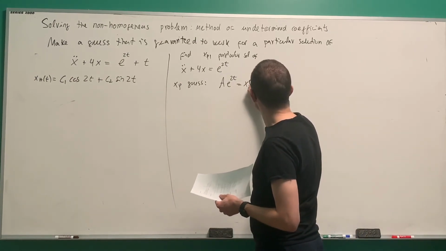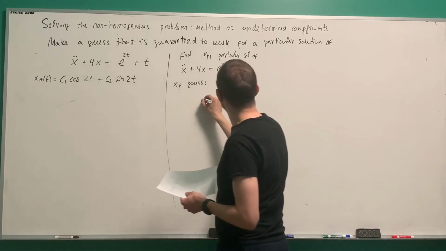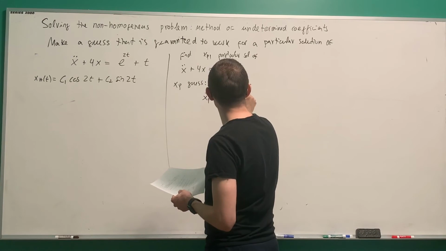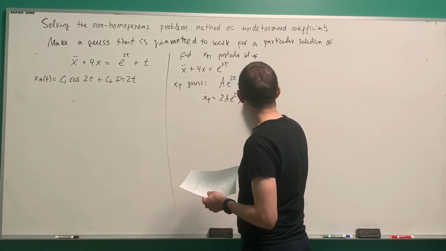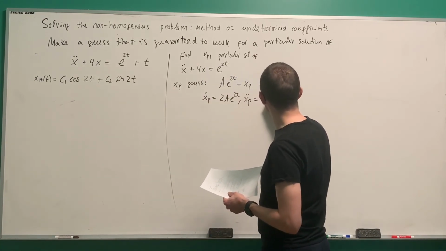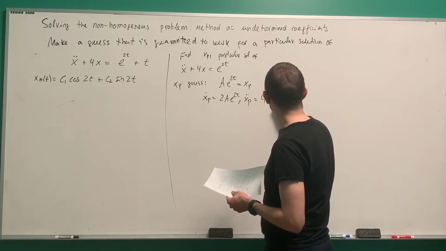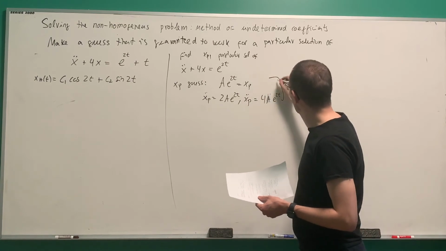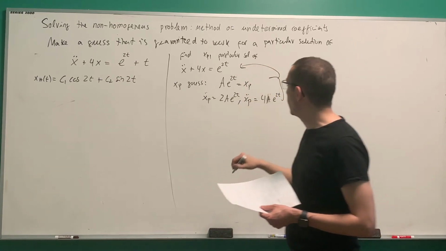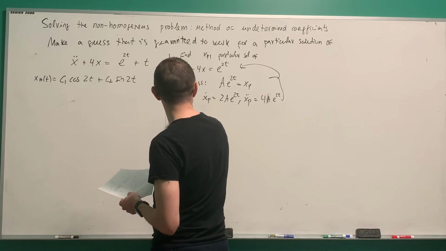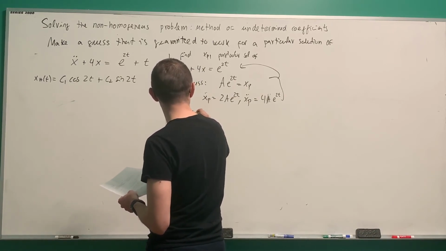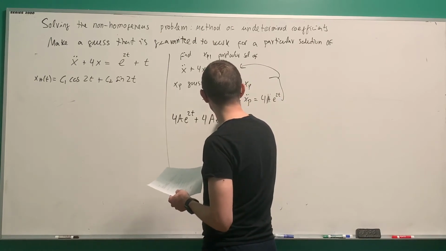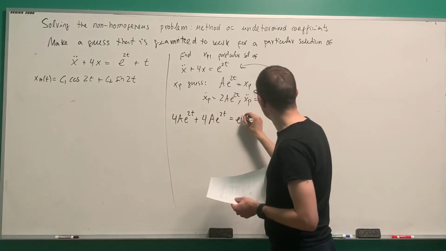So this is my guess for xp, which means that xp dot would be 2a e to the 2t, and xp dot dot is equal to 4a e to the 2t. Right, we plug this into the equation and we get the following. So we get 4a e to the 2t plus 4a e to the 2t equals e to the 2t.